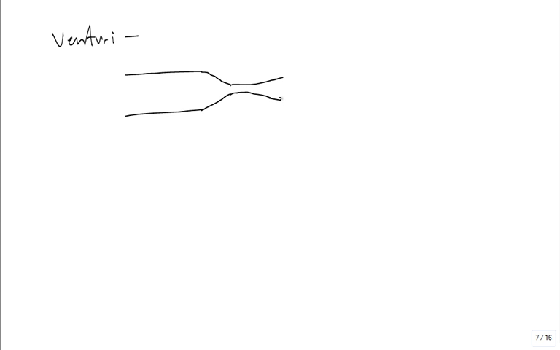And maybe I have the pressure at 1 back here, it's pretty high, P1, and maybe this goes out to a pressure right here of 0, atmospheric pressure, so it's 0 gauge pressure, okay?